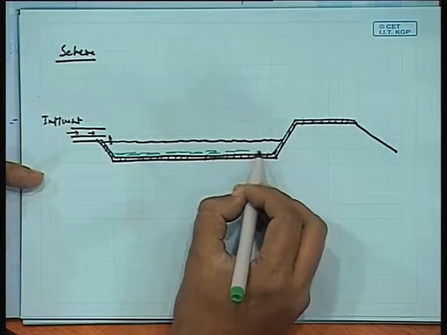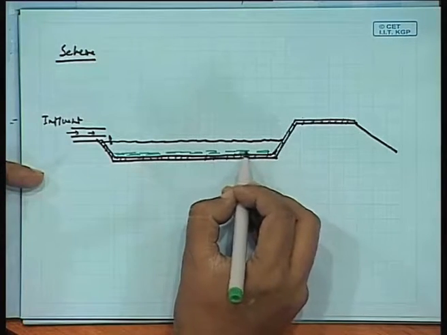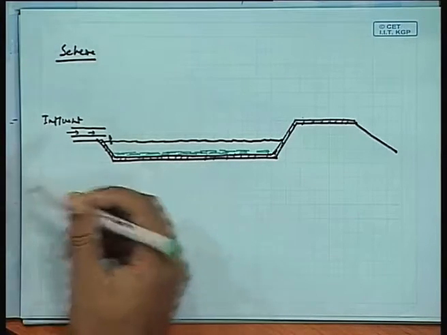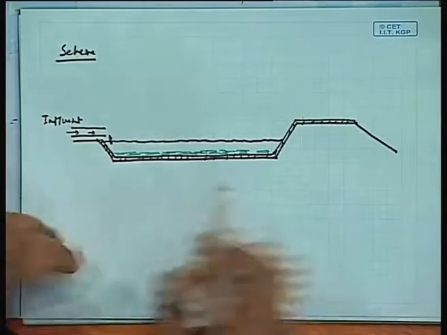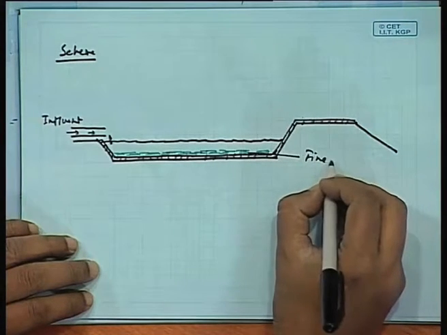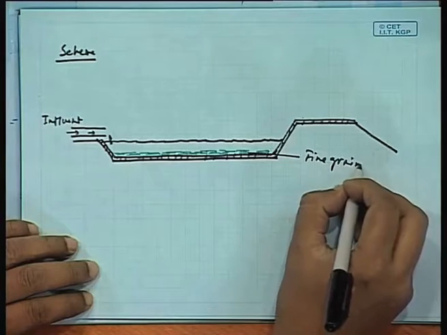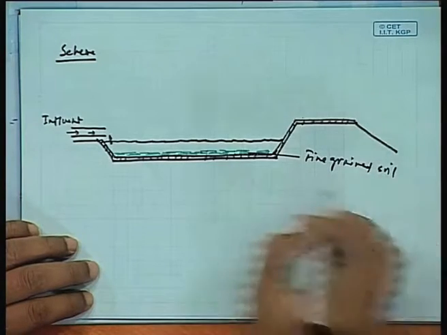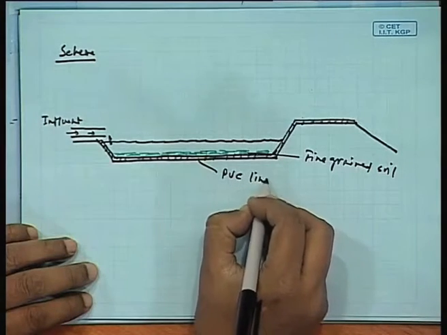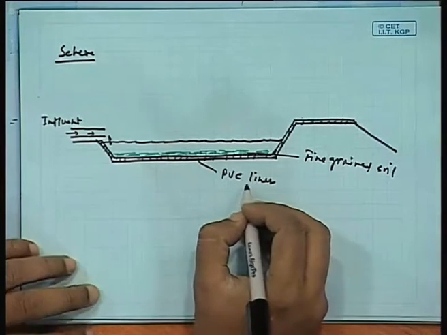If it is a designed wetland, we can find this fine-grained soil. There is a PVC liner, a non-reactive liner, certainly non-reactive.